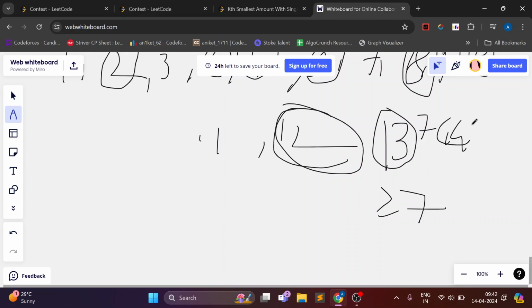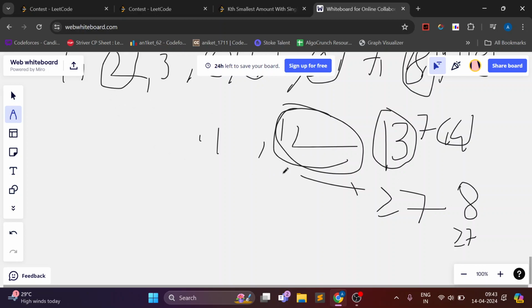For 14 it will be, in simple terms, 8, but greater than or equal to 7, because this is a monotonic function. It will keep increasing as x increases. So the first observation is we can reverse engineer the solution.